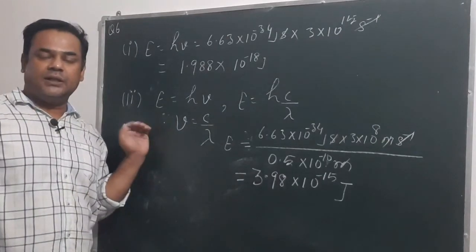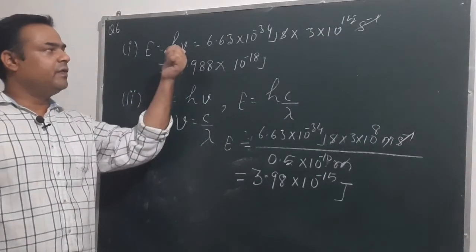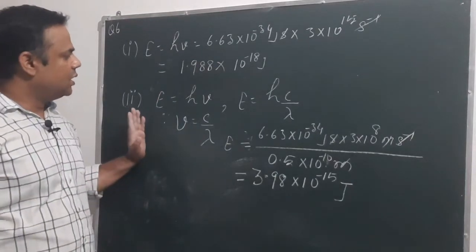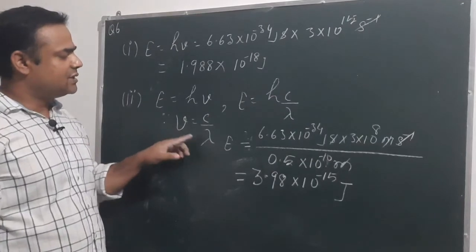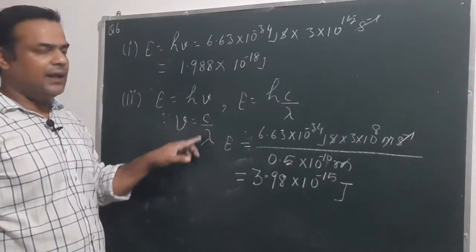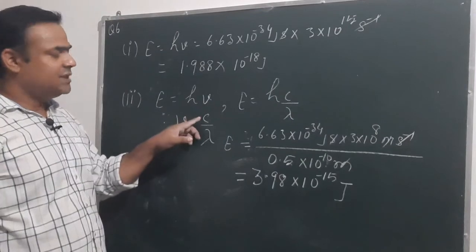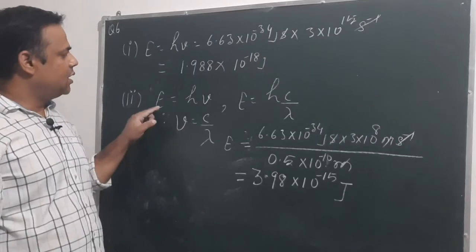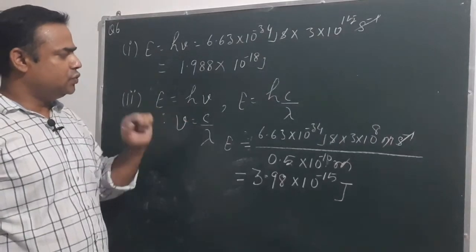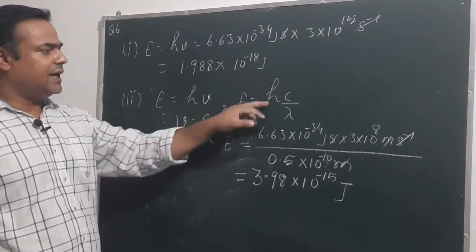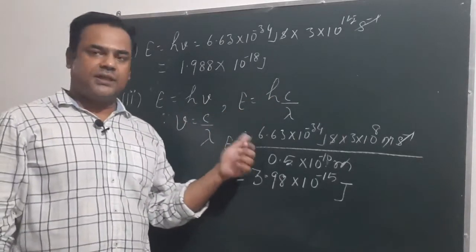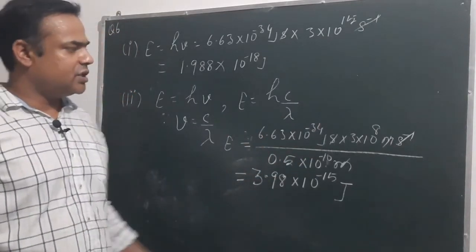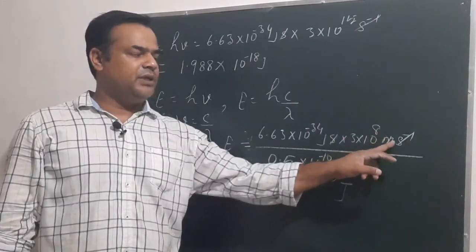Now in the next part of the question, instead of giving frequency, we have wavelength, that is 0.5 angstrom. So we know the relationship between frequency and wavelength, that is nu equals c by lambda. c is constant, that is velocity of light. From here we can calculate frequency. So if we write the formula E equals h nu, in place of nu we can write c by lambda, so E equals h c by lambda. Value of Planck's constant is 6.63 into 10 to the power minus 34 joule second, and velocity of light is 3 into 10 to the power 8 meter second inverse.